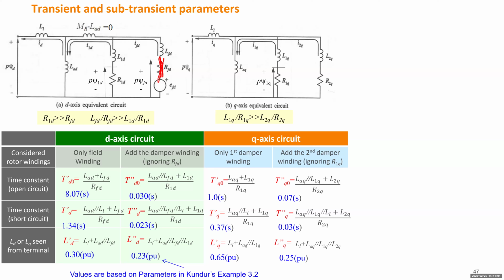So this is LD double prime. This value is further decreased from LD prime. And if you do such a calculation, you see this one, that one also close to that time frame. So you put those both in the transient dynamic time frame, and those two will be in the sub-transient time frame, less than 0.1 second.